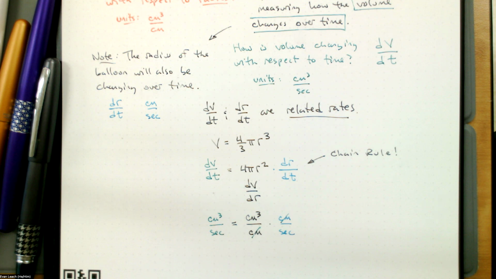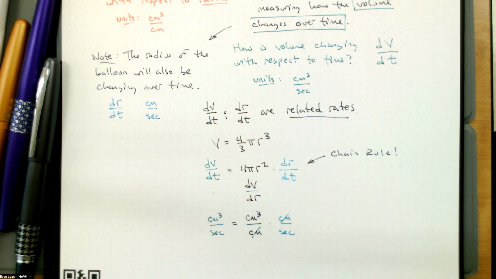So the idea here is that we think about one of the rates that we want, in this case, how the volume of the balloon is changing over time. We think about what we know about that function. Volume is 4/3 pi r cubed. We find the derivative, but we have to identify the derivative of 4/3 pi r cubed. When we write 4 pi r squared, that's the derivative of V with respect to r.